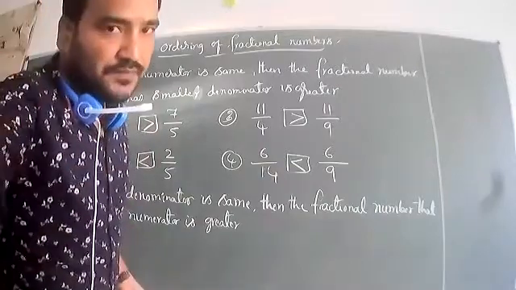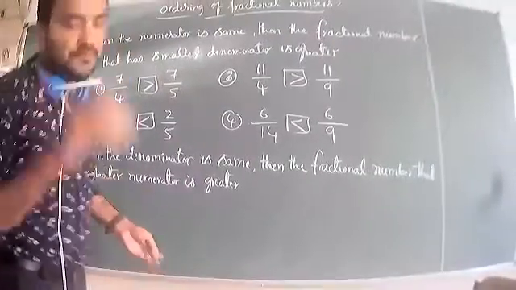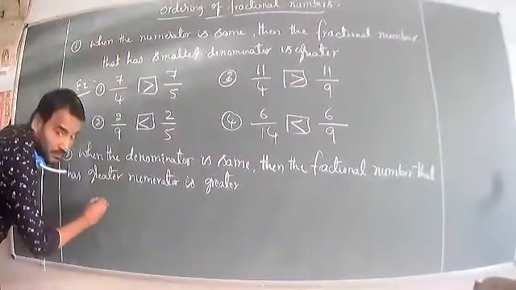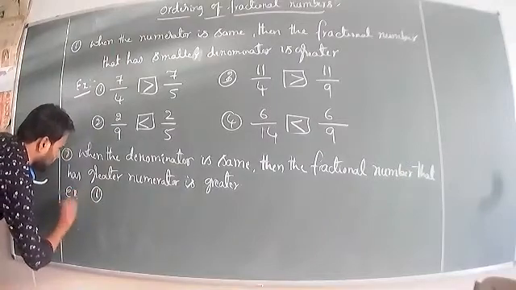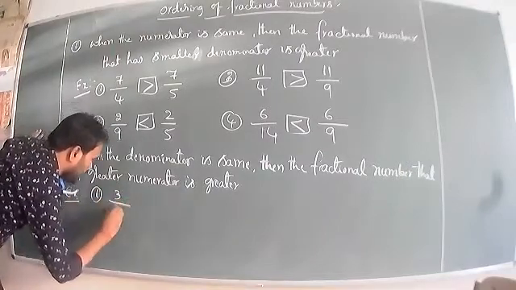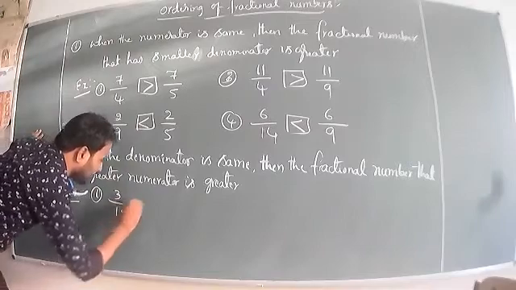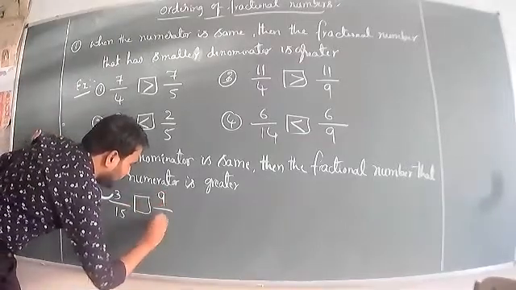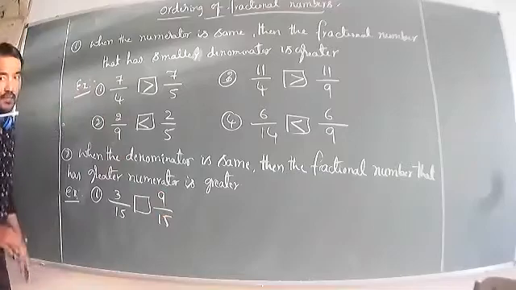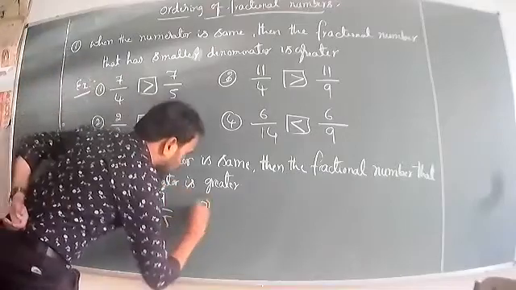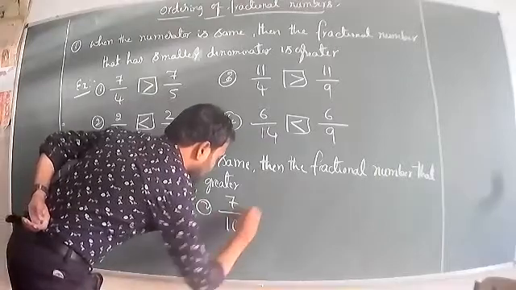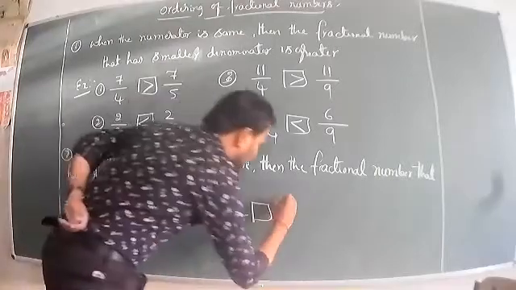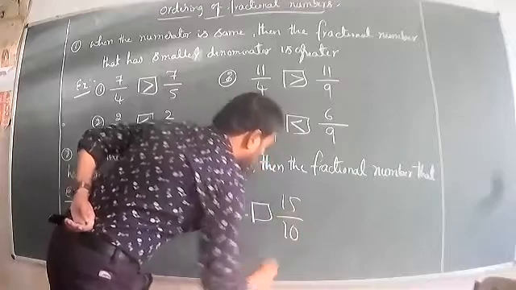Some examples. Let me write. Look at the question. First example: 3 by 15 and 9 by 15. Second: 7 by 10 and 15 by 10.